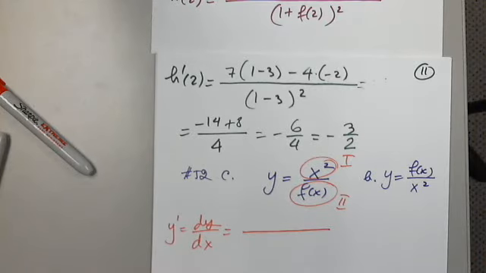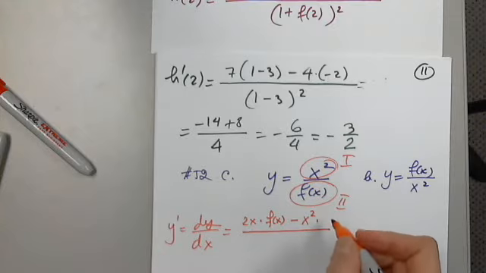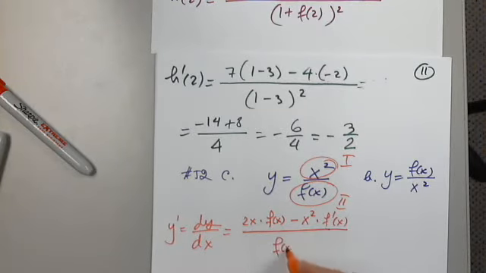Top function prime, multiplied by the denominator, minus the top function multiplied by the denominator prime, which is, that's it. We don't have anything else. Over f of x, everything squared. And this is it. There is nothing I can do to this.